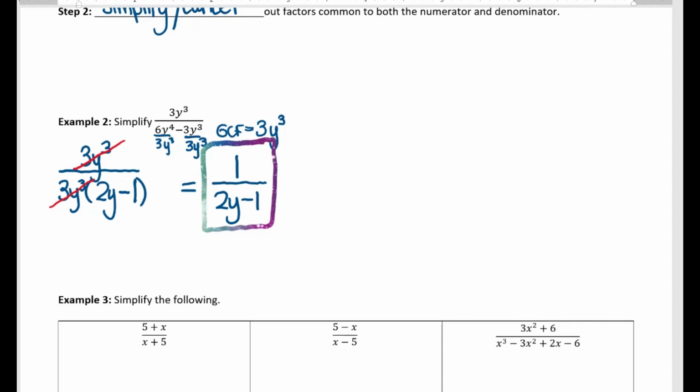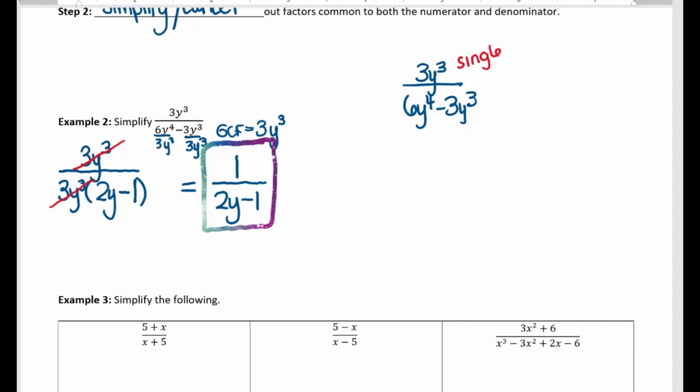One way that I teach my students to remember why it's not okay to get the 3y cubed canceling out in the very, very first way that I showed you. Whenever you have adding or subtracting, it's like those two terms are combined. They're together. They're in a relationship. However, when you're not added or subtracted, you're single. So up top in the numerator, this guy is single.